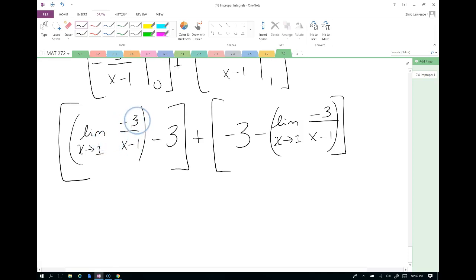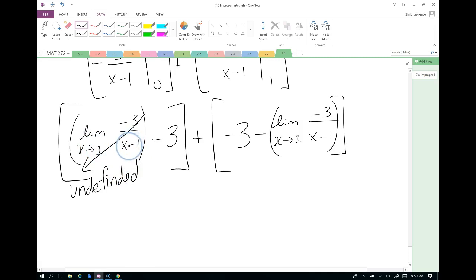So this thing is actually going to negative infinity. Well, it's going to go to positive infinity on one side, negative infinity on the other side. Because if we plug in 0.9, the result will be positive infinity in the other direction. So we can't do this limit. This limit is still undefined. x equals 1 is still an asymptote.